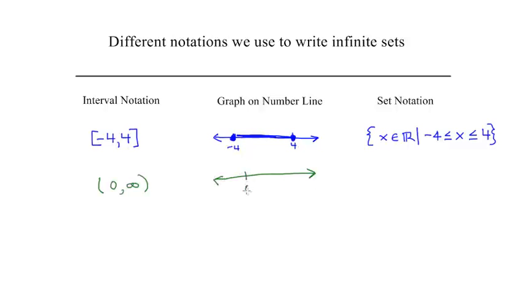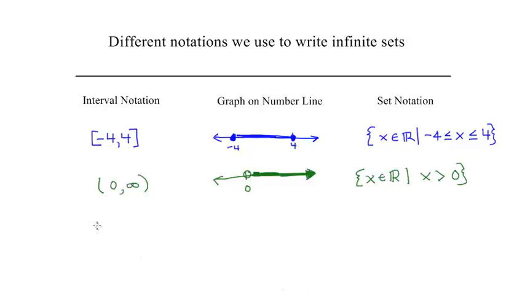If we graphed this on the number line, we would start at 0 and have an open circle because we don't want to include that value, but we want to include all the numbers that are bigger than 0, everything that falls to the right. In set notation, this would be all the real numbers, such that x is greater than 0, all the numbers that fall to the right of 0.